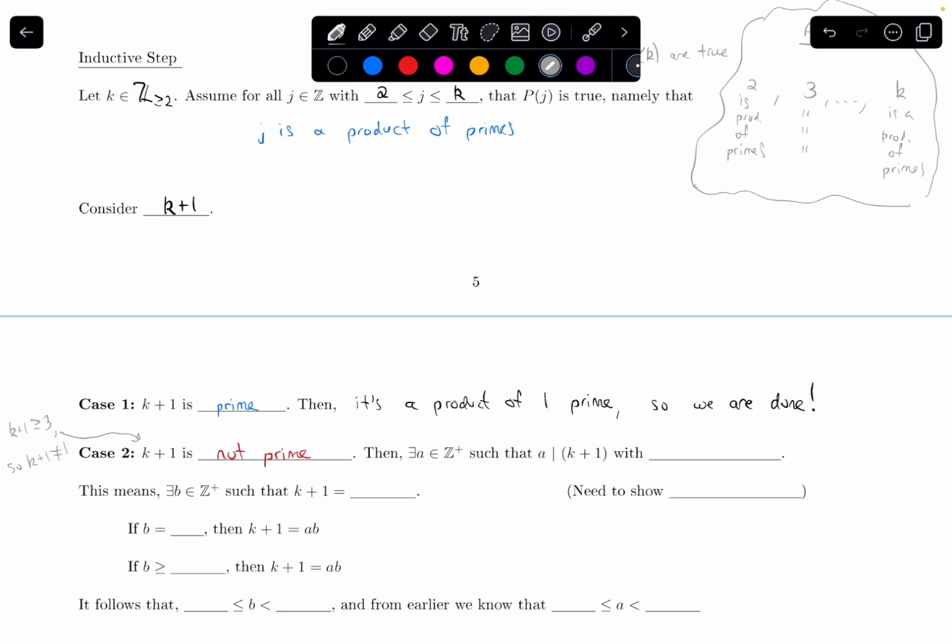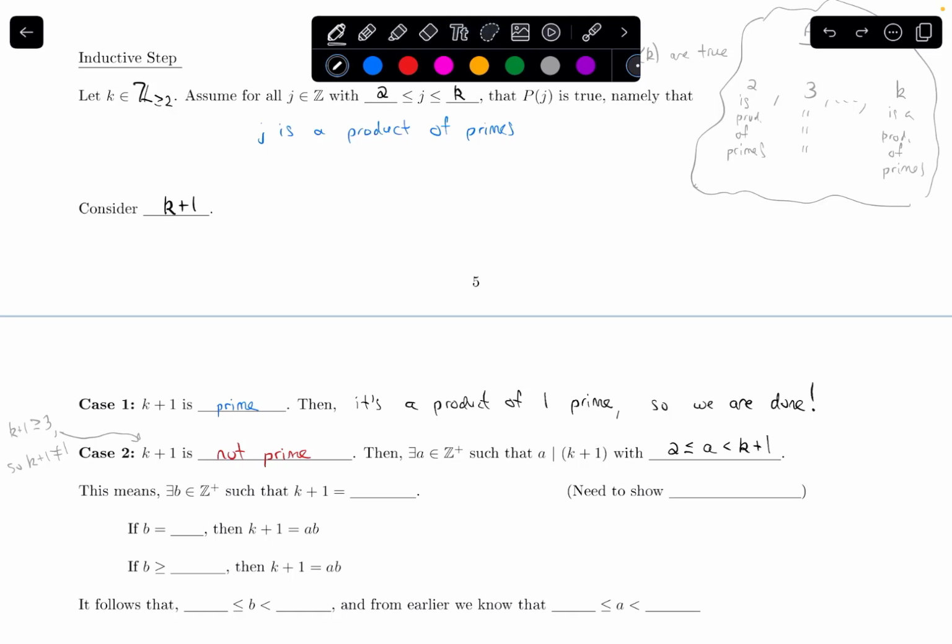There's got to be some positive integer a such that a divides k plus 1. And moreover, a has to be something between 1 and k plus 1. In fact, let me restate the beginning part of that. If it's bigger than 1, that actually means it's greater than or equal to 2. So a is greater than or equal to 2, and it's got to be less than k plus 1.